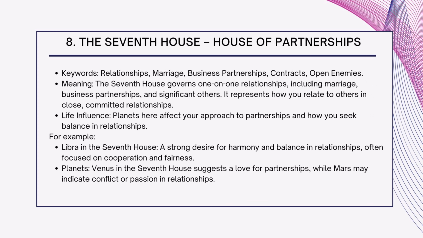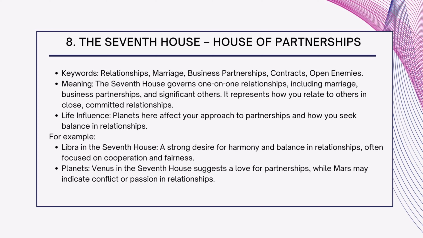8. The 7th house, house of partnerships. Keywords: relationships, marriage, business partnerships, contracts, open enemies. Meaning, the 7th house governs one-on-one relationships, including marriage, business partnerships, and significant others. It represents how you relate to others in close, committed relationships. Life influence.